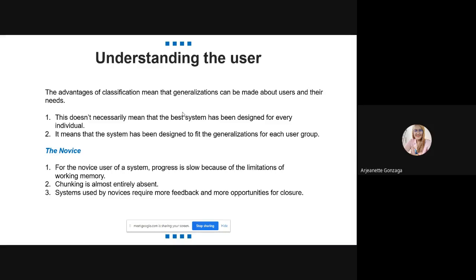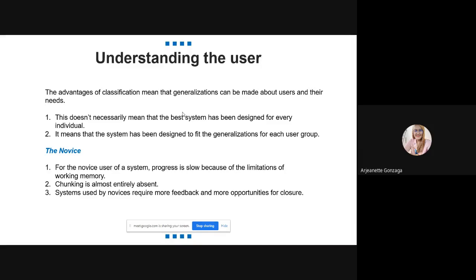It means that generalizations can be made about users' needs. This doesn't necessarily mean that the best system has been designed for every individual.